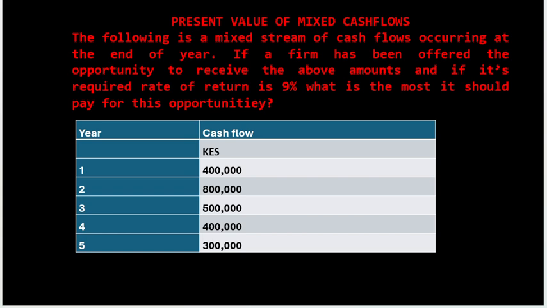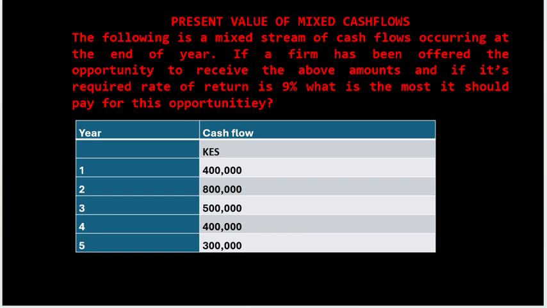Let's consider this example. It says the following is a mixed stream of cash flows occurring at the end of the year. So if a firm has been offered the opportunity to receive the above amounts and its required rate of return is 9%, what is the most it should pay for this opportunity?